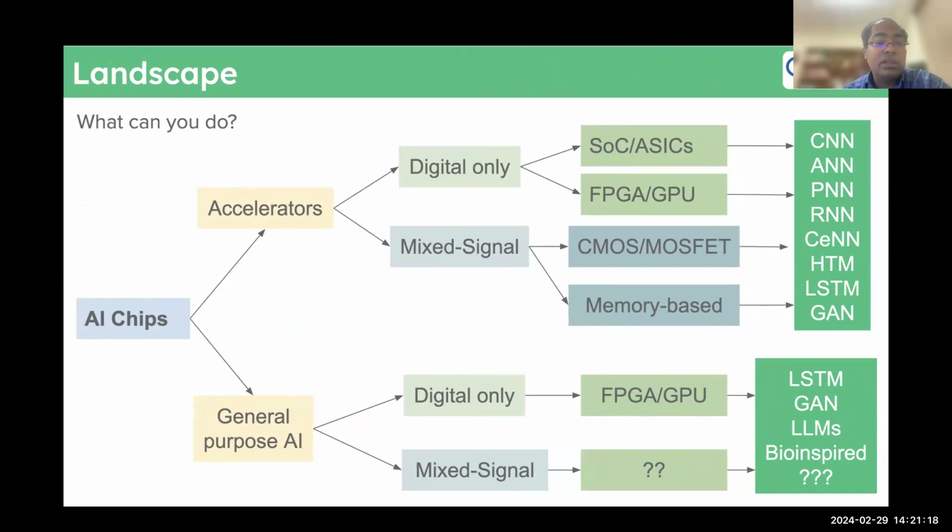If you look at it from an accelerator perspective, you can have digital-only solutions that can be integrated into an ASIC or a GPU, or a mixed-signal configuration where it's purely memory based or CMOS logic based. And for a more generalized purpose AI, this may still be at an early stage, where we look at various ideas of generative or bio-inspired models to be built around it.